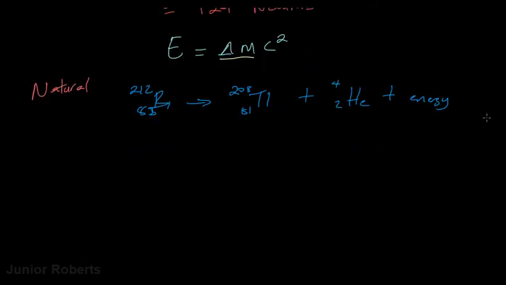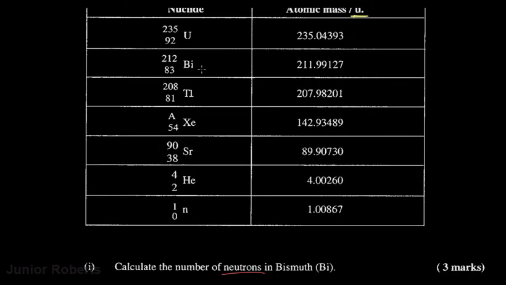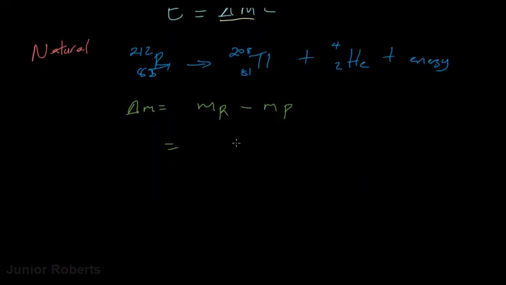So we're going to say, first of all, that delta M is equal to the mass of the reactants minus the mass of the products. In this case, our reactant is bismuth, so we're going to look back at our table to find the mass of bismuth in atomic mass unit. That's given for bismuth as 211.99127.